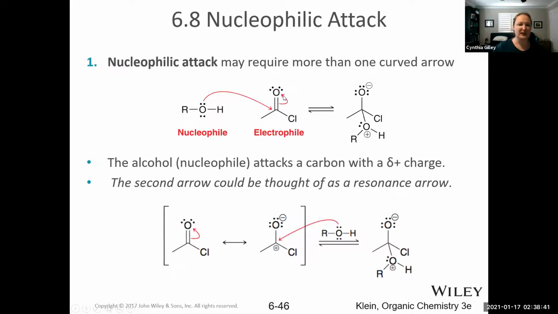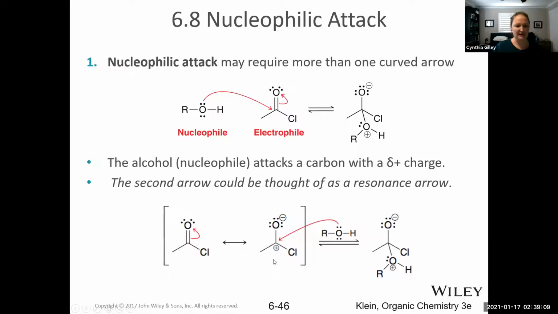And the reason we can think of it as a resonance arrow is because it's one of our resonance patterns. Recall pi bond between atoms of differing electronegativity. We can draw a resonance arrow for carbonyls that show the pi electrons as a lone pair around the oxygen instead of being shared between the carbon and oxygen. So if you wanted to, you could even draw this as 2 steps.